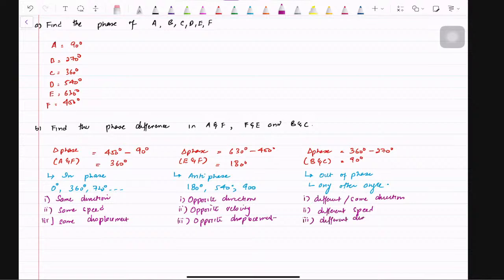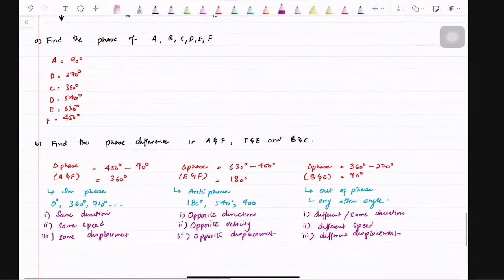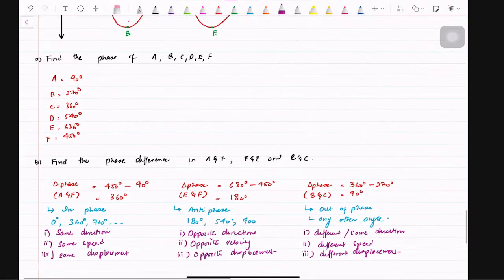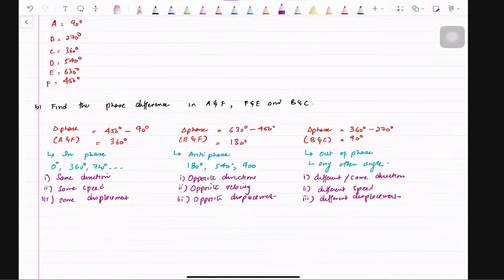displacement. Now, what I mean by this is, if you look at A and F right now on the graph, okay, let's just write it first. Please write this down, and then I'm going to show you on the graph.